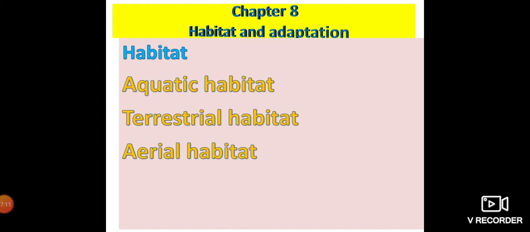An organism can live in its particular habitat if they get shelter, food, water, air, and also a favorable place for breeding. So that surrounding, that environment is called that organism's habitat. Clear? So how can we define habitat? Habitat is the natural home of an organism and its immediate surroundings.